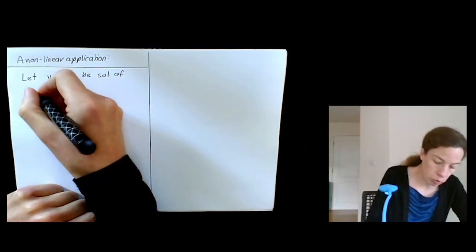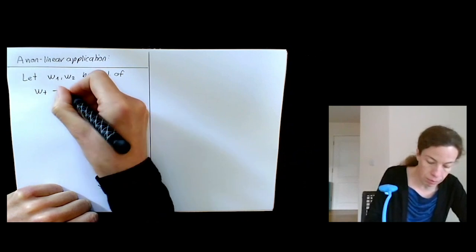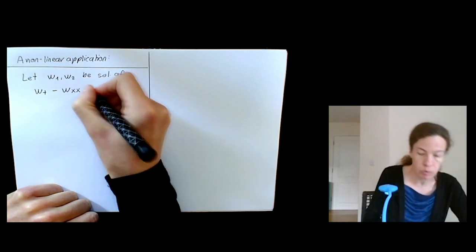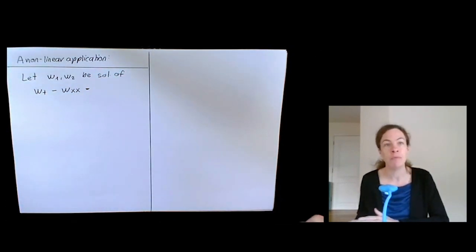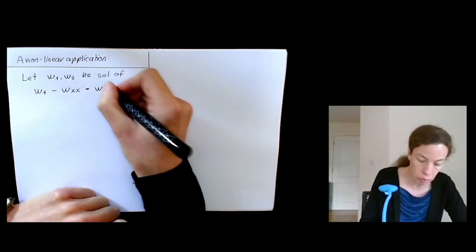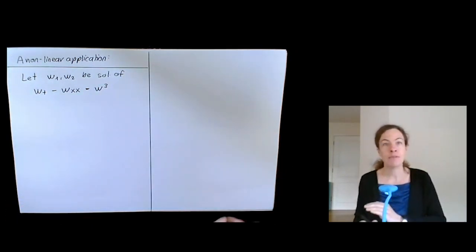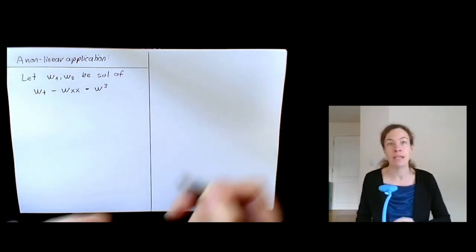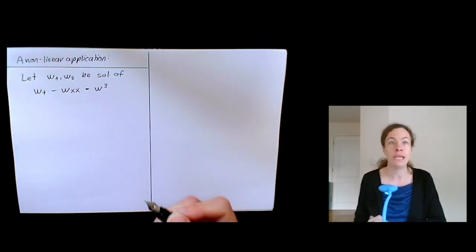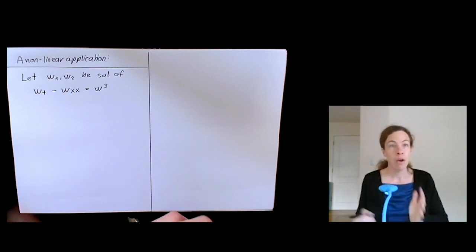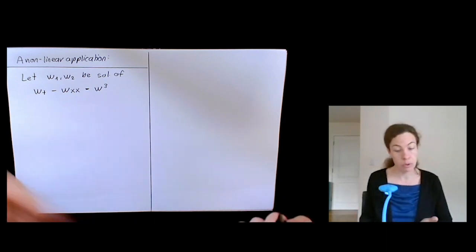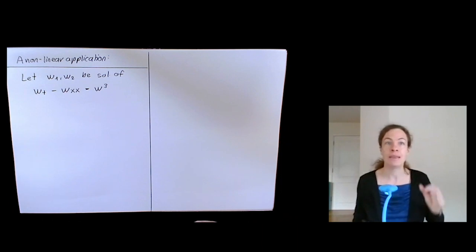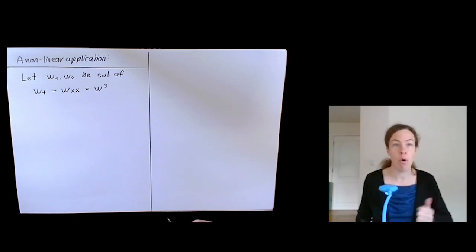And the PDE I want to consider is Wt minus Wxx is equal to something nonlinear in W, say something like W to the 3. So the precise form is not important. What's going to be important is that on the right hand side, I have a function which is monotone increasing in W. So let's assume we have those two solutions, and let's assume that the data for these solutions is ordered.